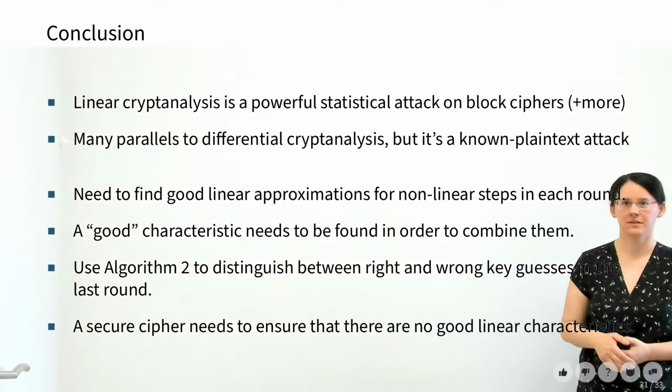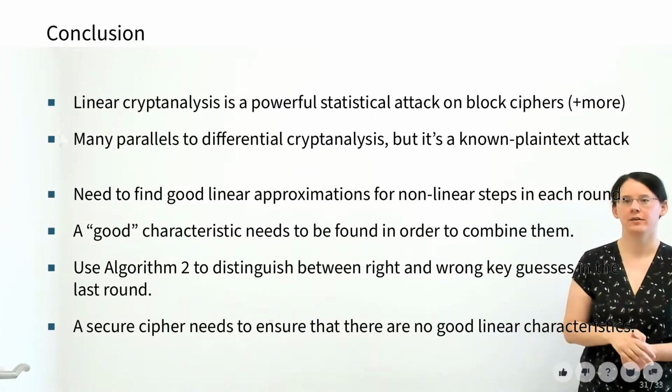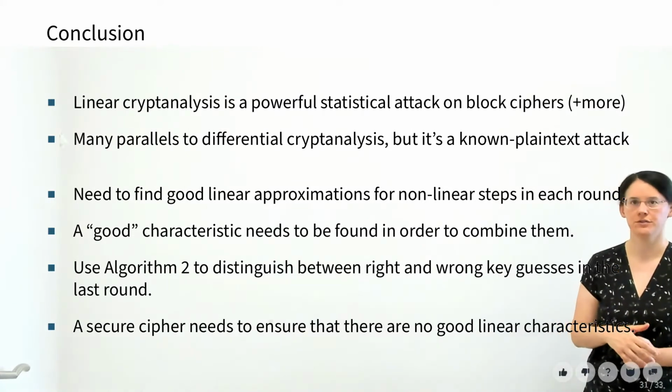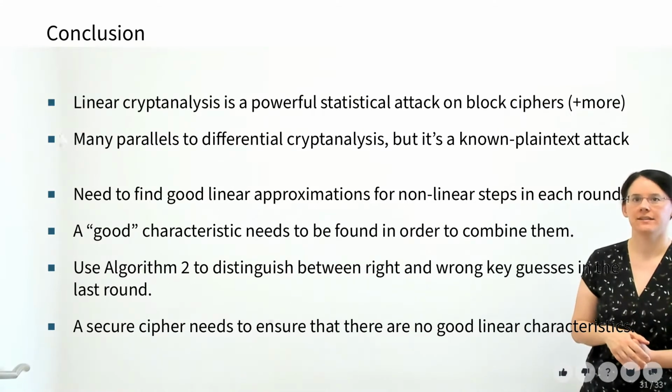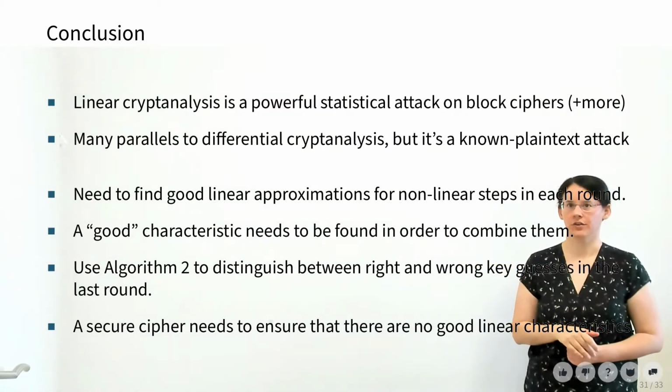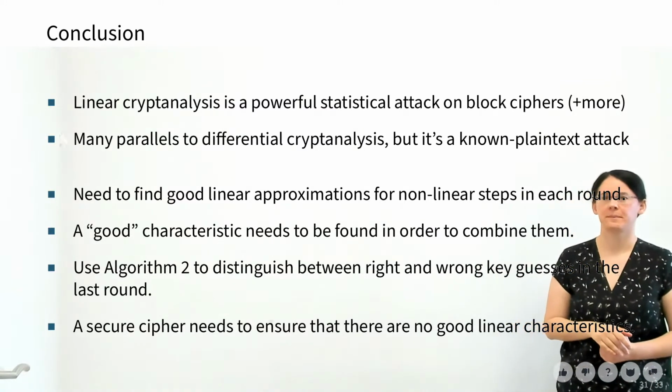If I want to attack something, I need to find a good linear approximation, which I usually do by finding a good linear characteristic first. And this will include in particular this approximation of all the nonlinear steps, so of the Sboxes.